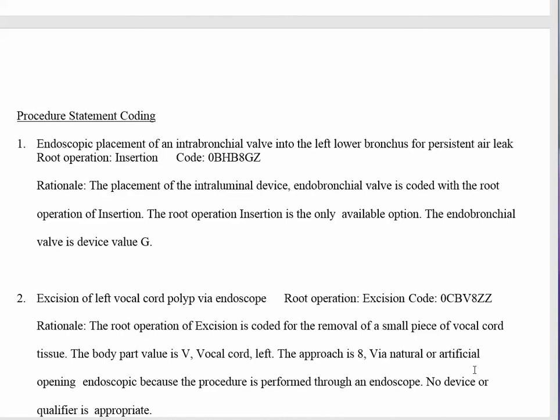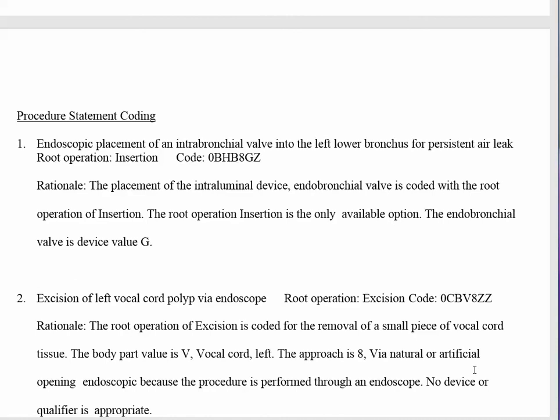It typically is a sac that bulges out, almost like a hernia, except one difference between a hernia and a polyp is that a polyp is typically smaller, and it typically forms in an area where there are mucous membranes, such as the colon, the rectum, throat, etc. So the root operation of removing a piece of tissue from an organ, not taking the entire organ, would be excision.